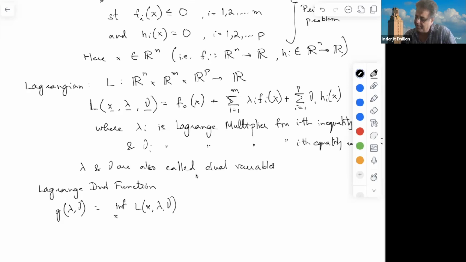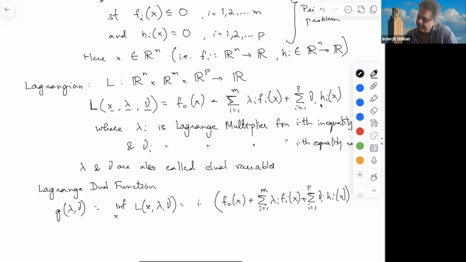Remember the Lagrangian is this function, so I'm just copying it below: f naught of x plus the summation of lambda_i f_i of x plus the summation of nu_i h_i of x, and I'm taking the infimum over all x.